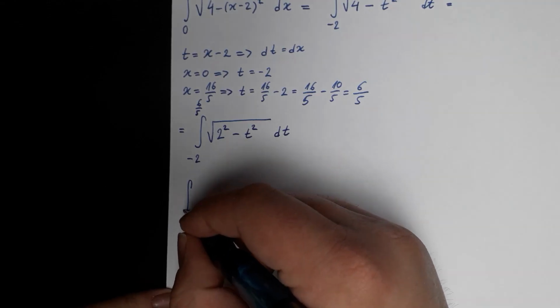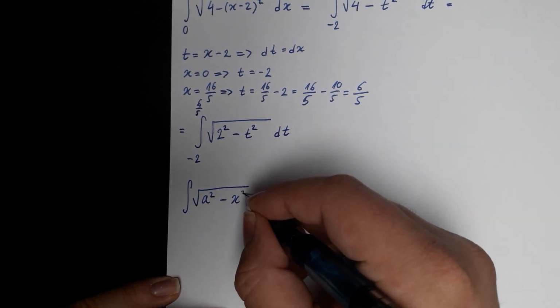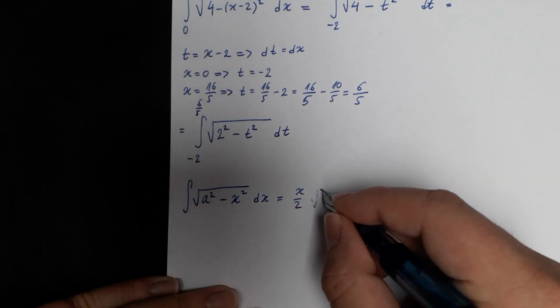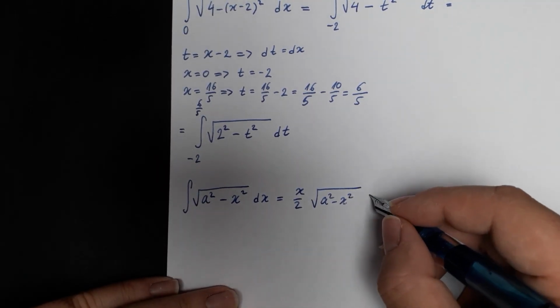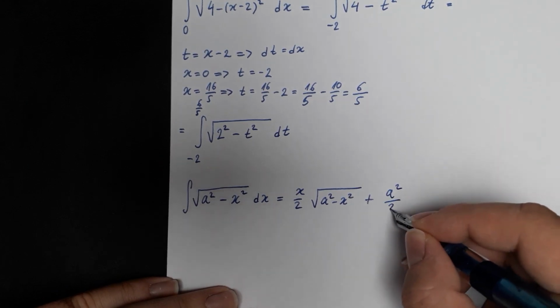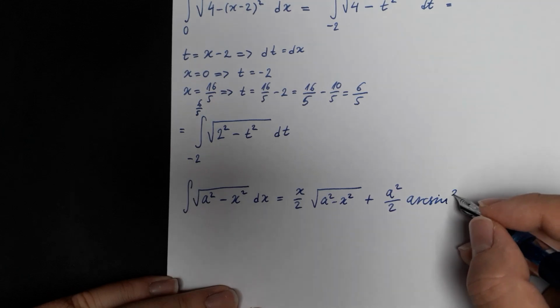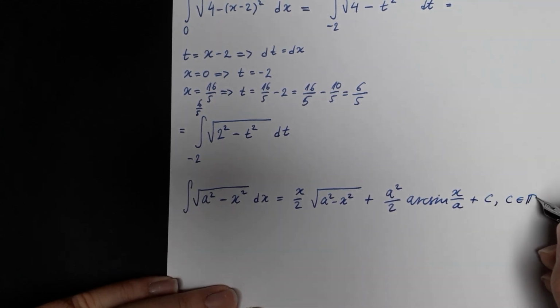Now we already have found a solution of the integral of the square root of a squared minus x squared dx, and that was x over 2 times the square root of a squared minus x squared, plus a squared over 2 arcsine of x over a plus c, where c is a real constant.